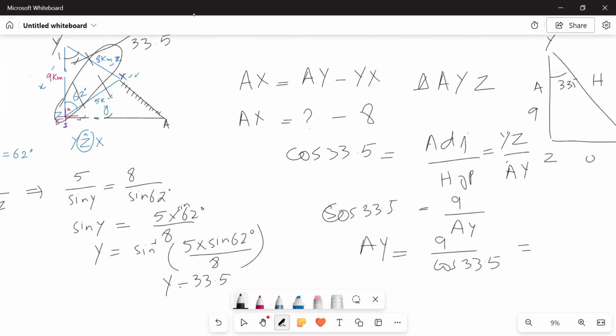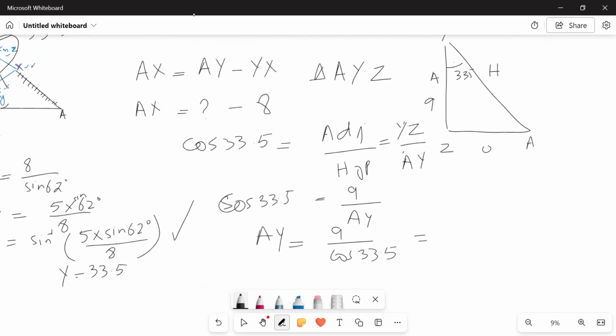Miss, did you calculate this exact value? Yes, let me check. Sine 62, is it sine inverse? Yes, it's 33.4.